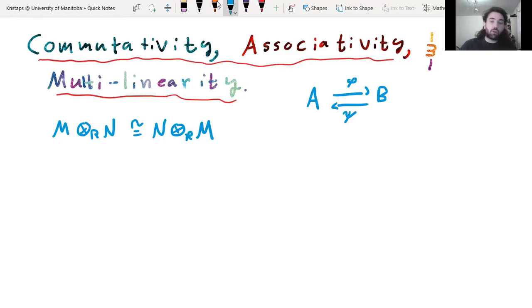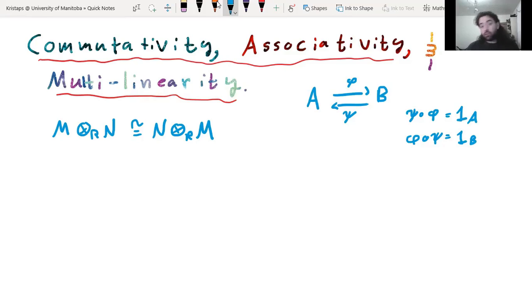So in the case of R modules, we want these both to be R linear homomorphisms, where they both compose to the identity, right? If we applied phi then psi, that should just be the identity on A, and the other way around should give us the identity on B. So that's what we're looking for, to construct a pair of maps that satisfy this.